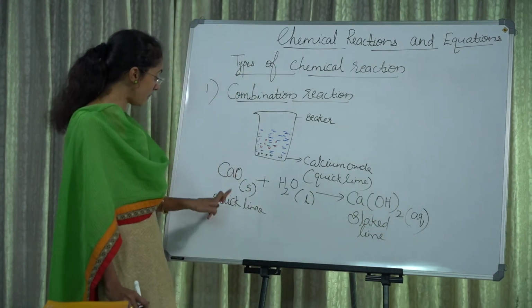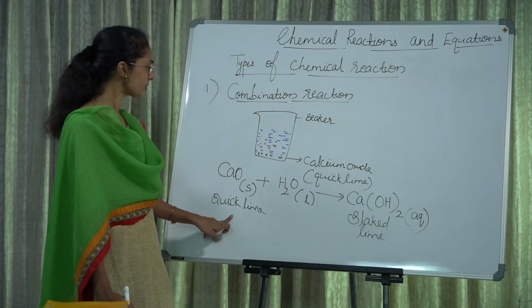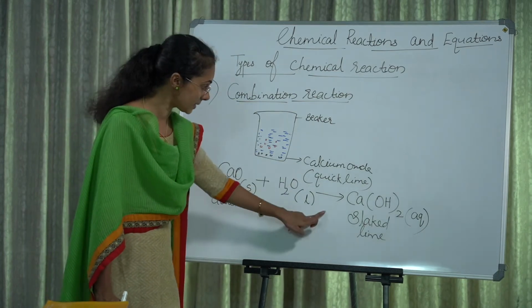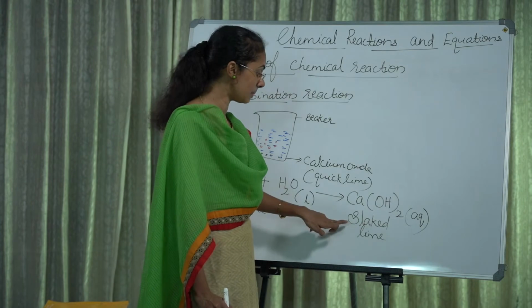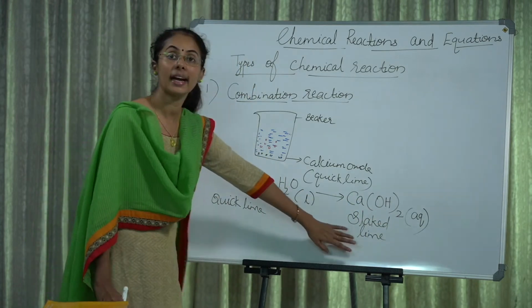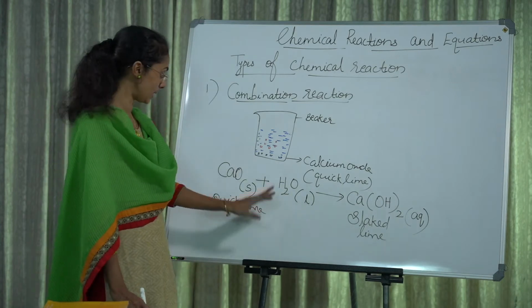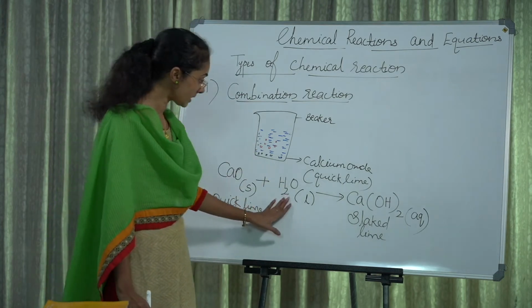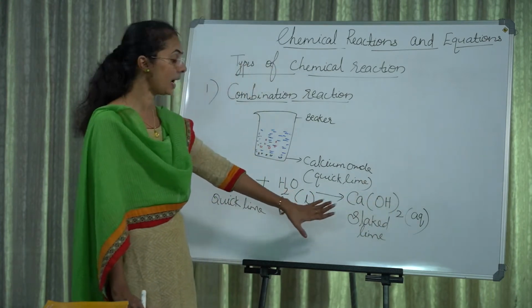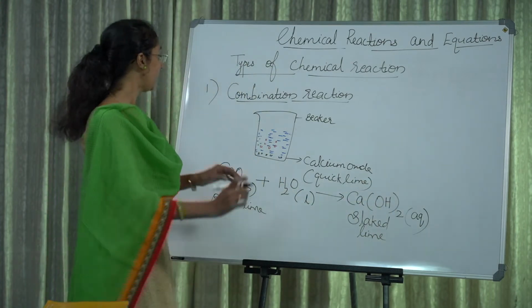Calcium oxide, that is quicklime, reacts with water, H2O, to give Ca(OH)2, which means slaked lime or calcium hydroxide.